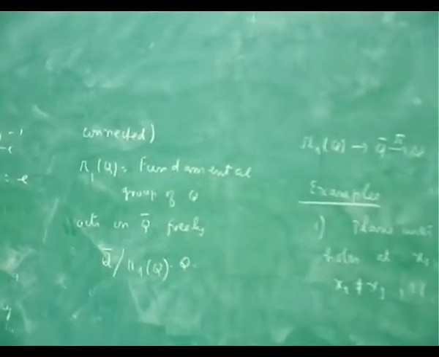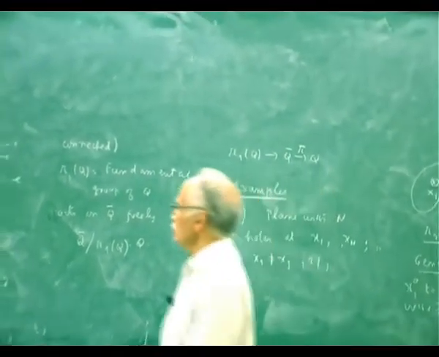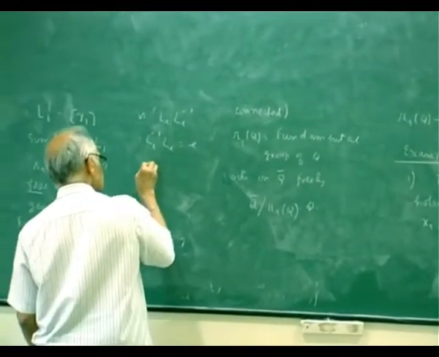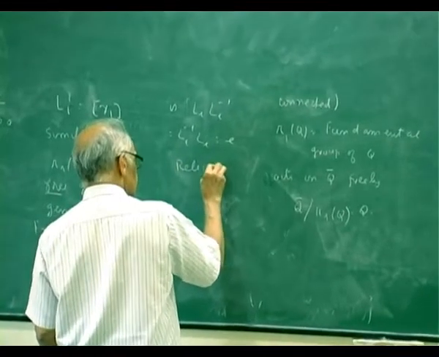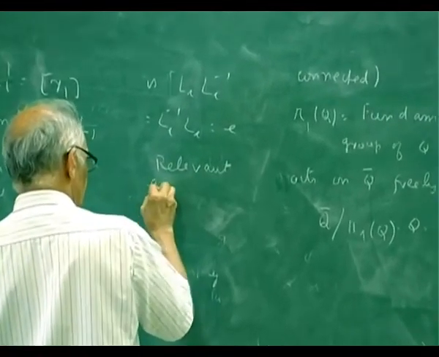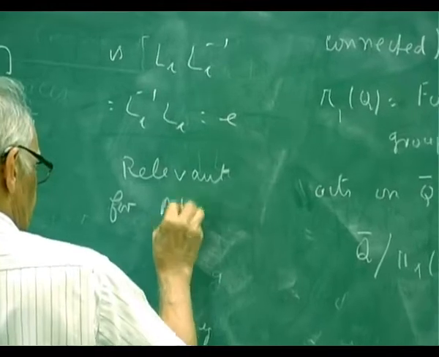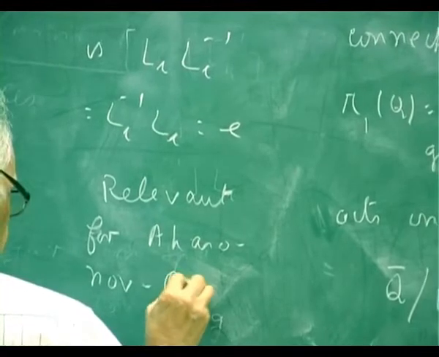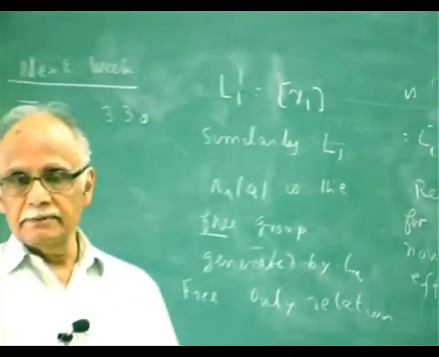This group, the plane with n holes, is clearly relevant for the Aharonov-Bohm effect. You can imagine Aharonov-Bohm is normally done with one hole, and you consider paths going around it.